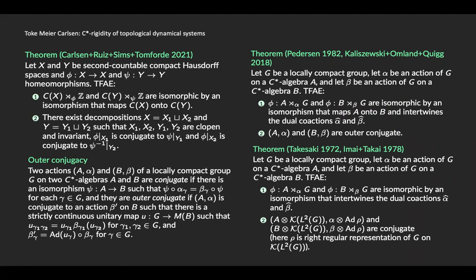So it follows from Imai–Takesaki duality that two C*-dynamical systems of a locally compact group are isomorphic by an isomorphism that intertwines the dual coactions if and only if the tensor products A tensor the compact operators on L2 of the group, and B tensor the compact operators on L2 of the group, with the tensor product of the action alpha with the left regular representation, is conjugate to beta tensor the left regular representation.